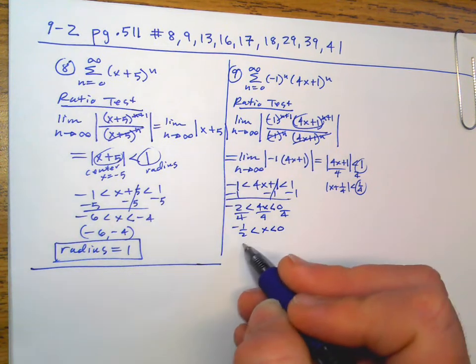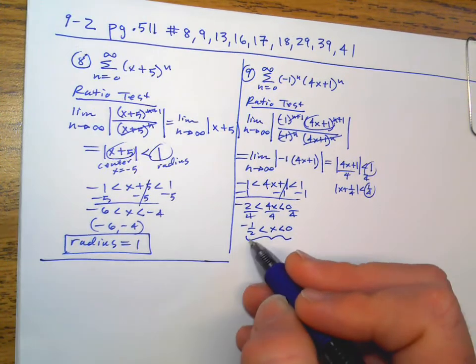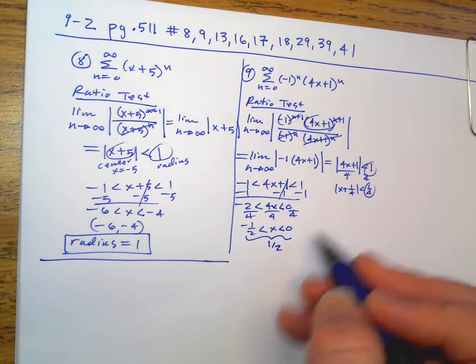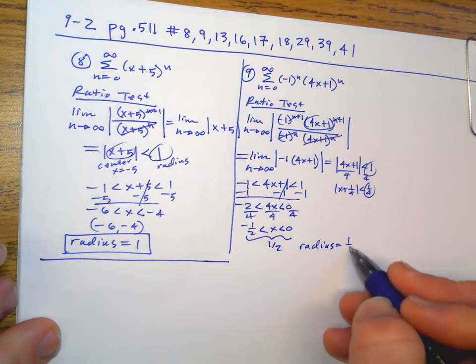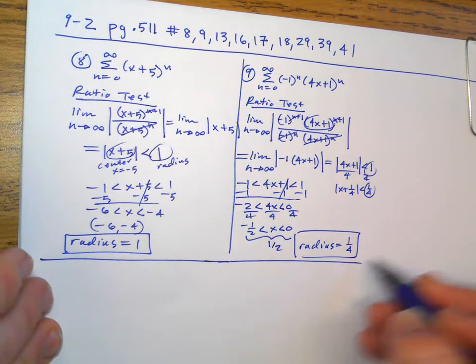So that's the interval of convergence. The distance from one end to the other is 1/2, so the radius has to be 1/4. So either way, it comes out the same.